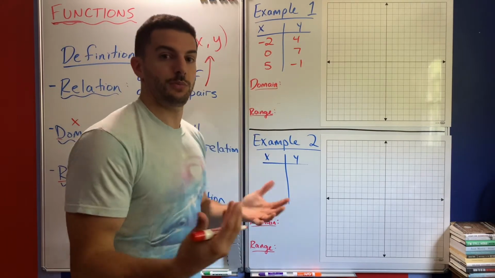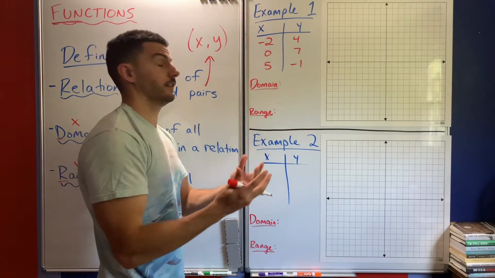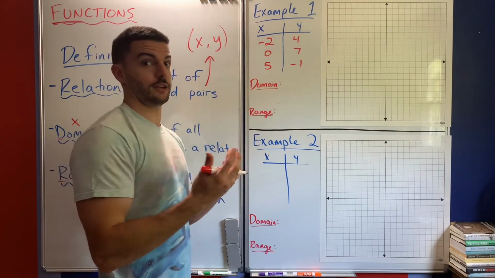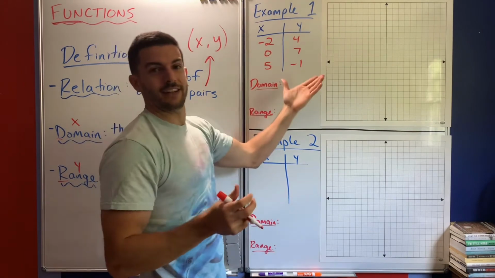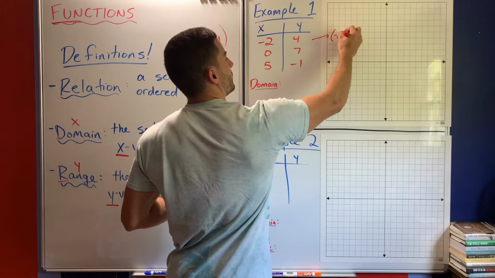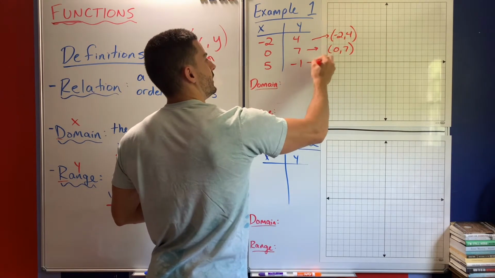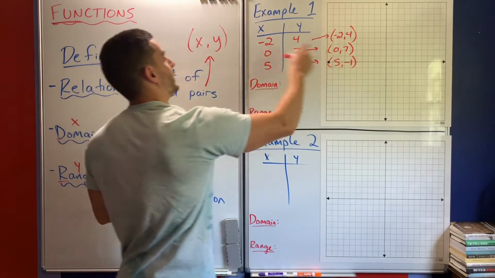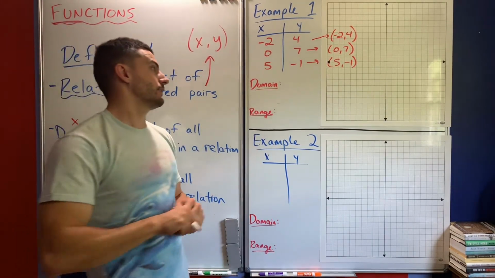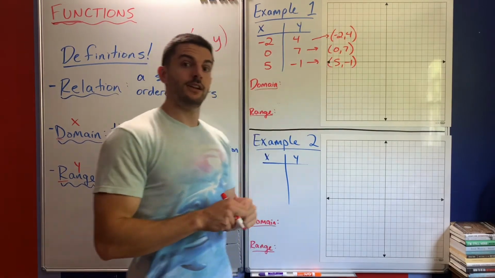And so this would be an example of a relation, because it's just a set of three ordered pairs grouped together. And again, when you list it in a table, just remember that this is the same as saying -2 comma 4, 0 comma 7, and 5 comma -1, writing it like that, as ordered pairs in parentheses.